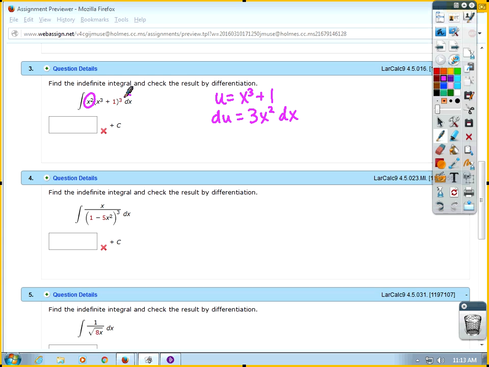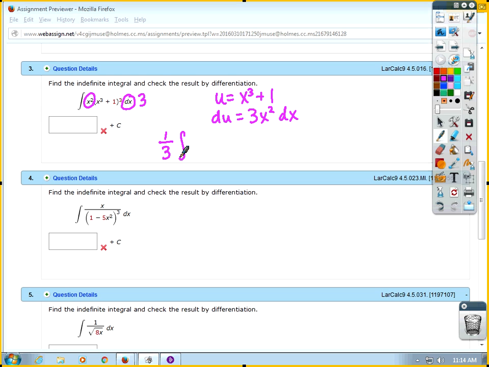So I'm going to circle that, but we do not have that coefficient of 3. If I multiply by 3 to get our du, then I have to compensate with a 1/3 in front of my integral symbol. So we have 1/3 integral.